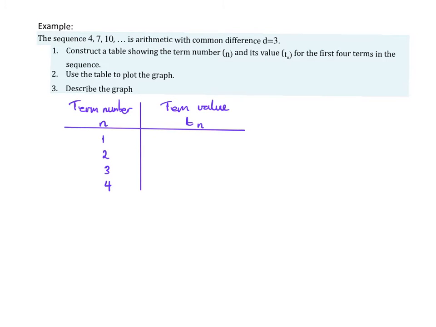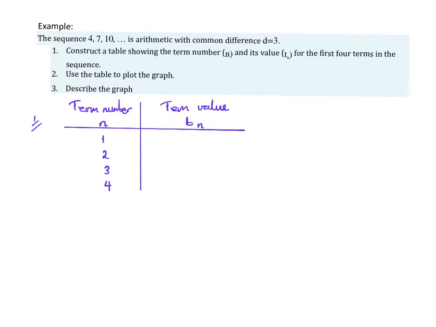The sequence 4, 7, 10 is an arithmetic sequence with a common difference of 3. So common difference of 3 means that we are going up by 3. And we can see that 4 plus 3 is 7, 7 plus 3 is 10. Part 1 there wants us to construct a table showing the term number, which is n, and its value, Tn, for the first 4 terms in the sequence.